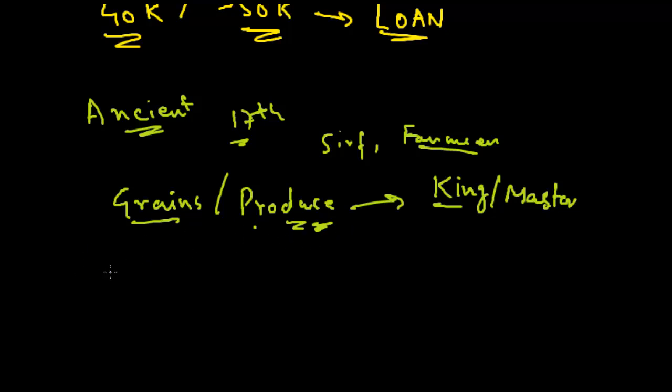For example, the master says, I want 6 sacks of rice in the coming season. I do not know whether you grow that amount or not.